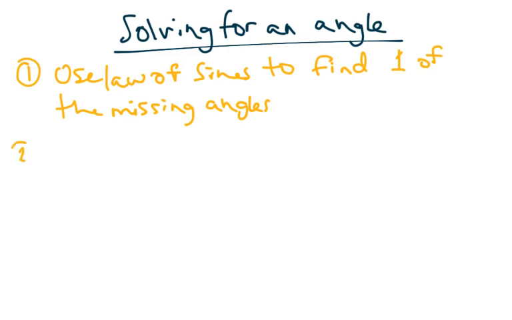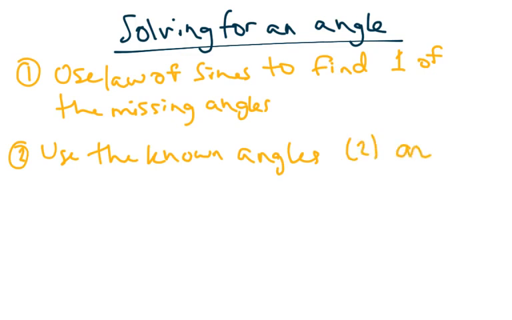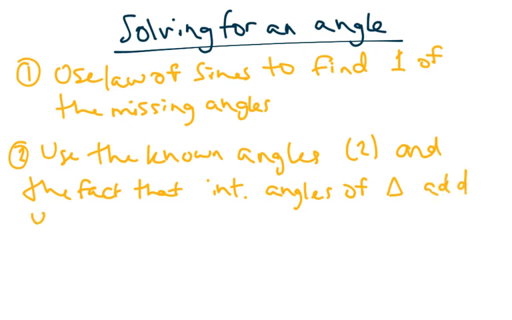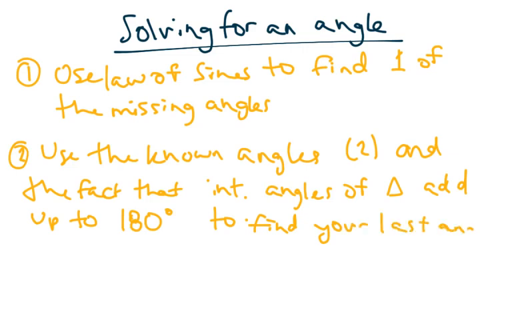And then step 2, use the known angles, which is going to be two of them, and the fact that interior angles of a triangle add up to 180 degrees to find your last angle. And then you are a happy camper after that.